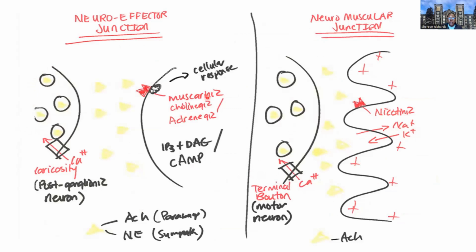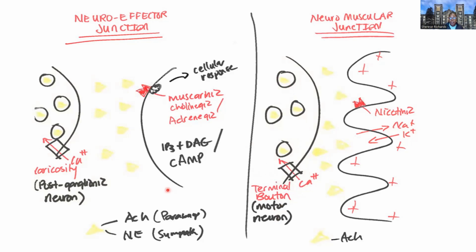We want to think about the neuroeffector junction: greater distance and the presence of a varicosity, which are the swellings found along the postganglionic neuron, as opposed to the neuromuscular junction, which has a motor neuron, a different neuron here, and a terminal bouton, which is the neuron ending.